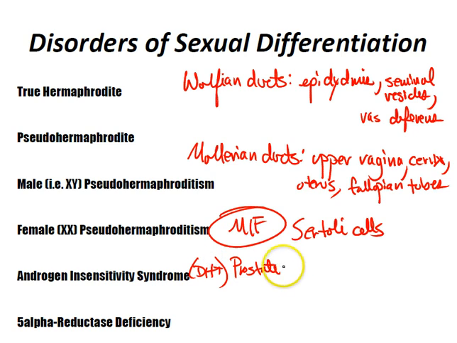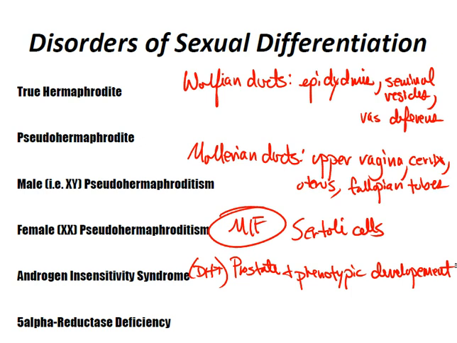DHT comes from the prostate, and where else? Phenotypic development. Phenotypic development, like examples, genitalia, depends on dihydrotestosterone, the active form of testosterone.